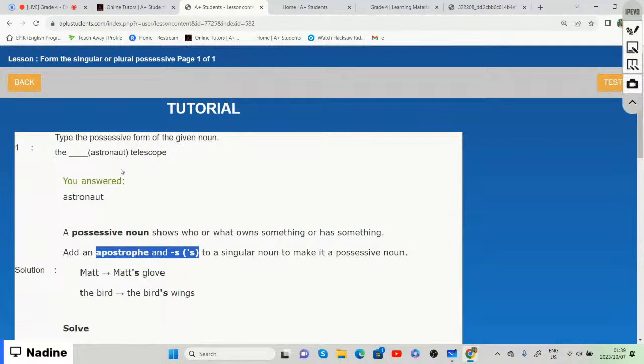So the word given is astronaut, right? So we need to type the possessive form of that noun. So the astronaut telescope. How are we going to show the possessive form of that noun? The noun in bracket. This one, astronaut.